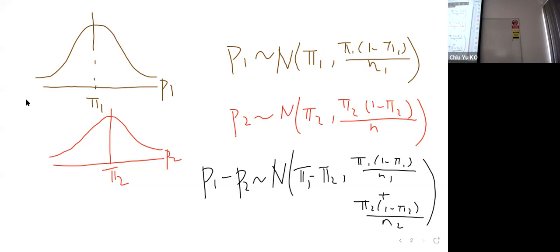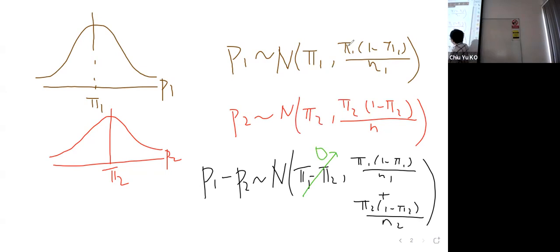The only thing is, under the null, pi 1 equals pi 2, so this mean is 0.